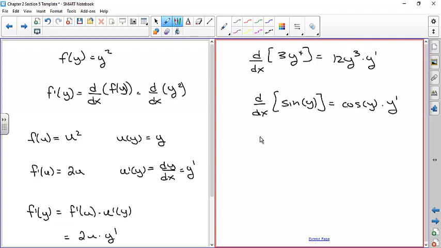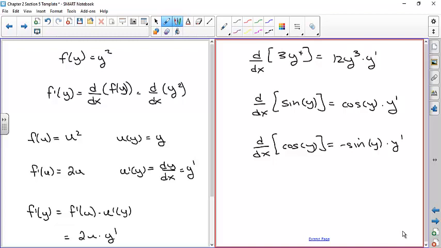What else do I know? I want to take the derivative with respect to x of the cosine of y. That's equal to negative the sine of y times y prime. So that's pretty much it as far as implicit differentiation. That's not at all everything, but that's the gist behind it.